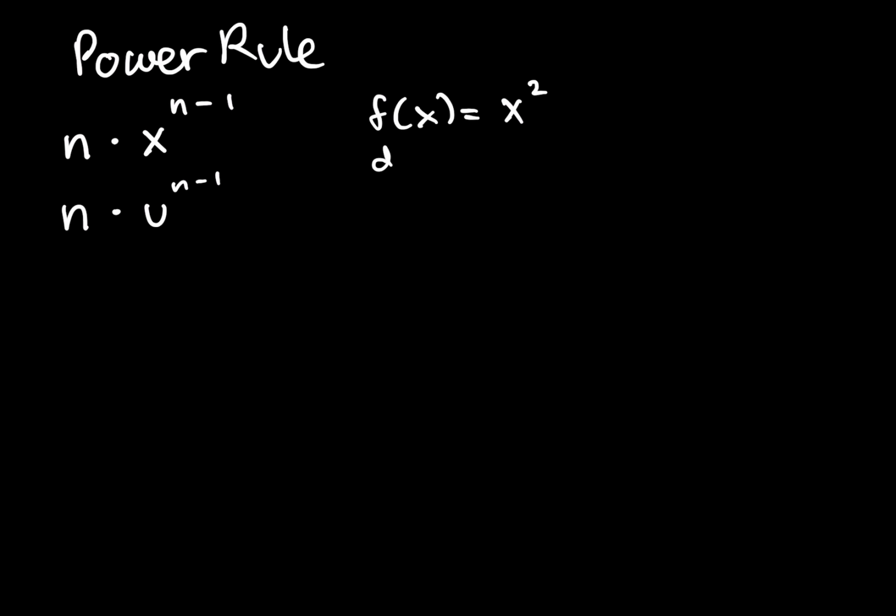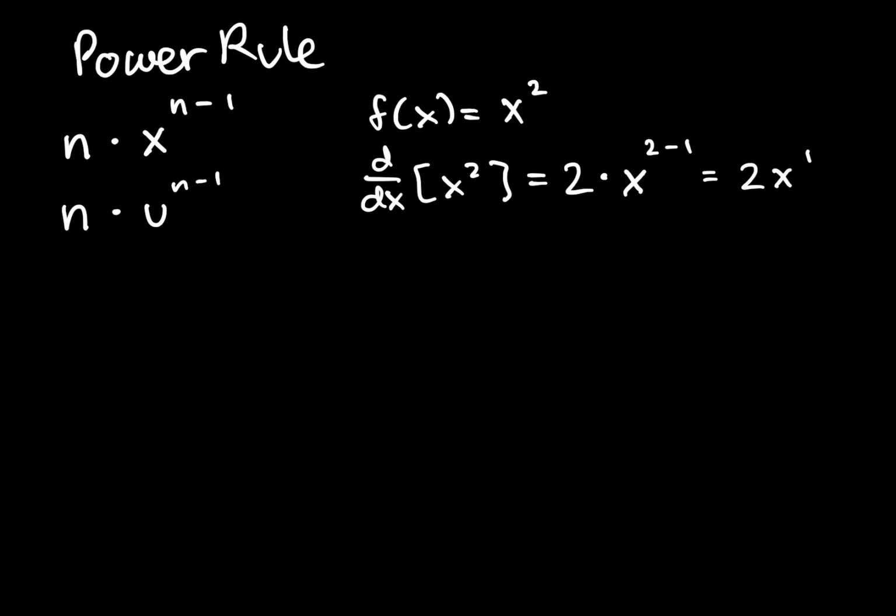Well, the derivative will equal 2 times x to the power of 2 minus 1, which turns out to be 2 times x to the 1. And some teachers mention this, some don't, but anything to the 1 is just whatever it is.